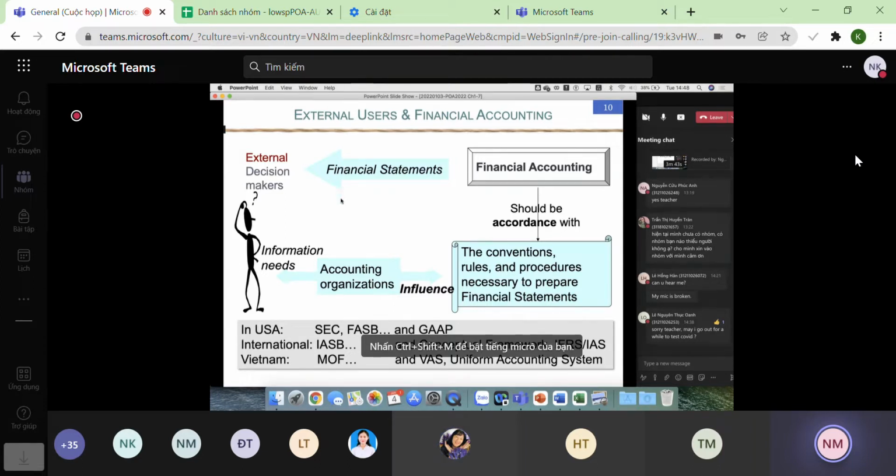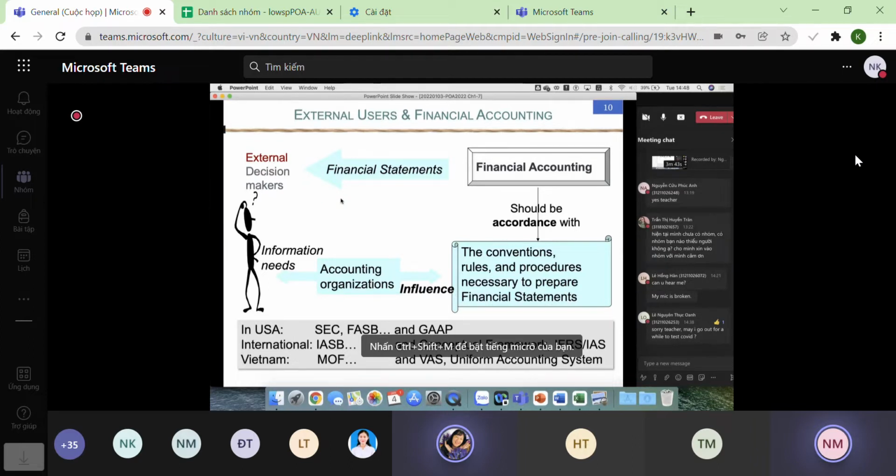Get that? The accounting department prepares financial statements based on the standards here. But the director has the responsibility to provide financial statements to the external user.